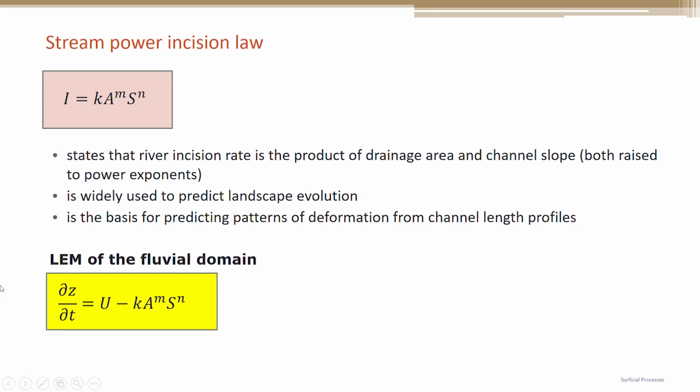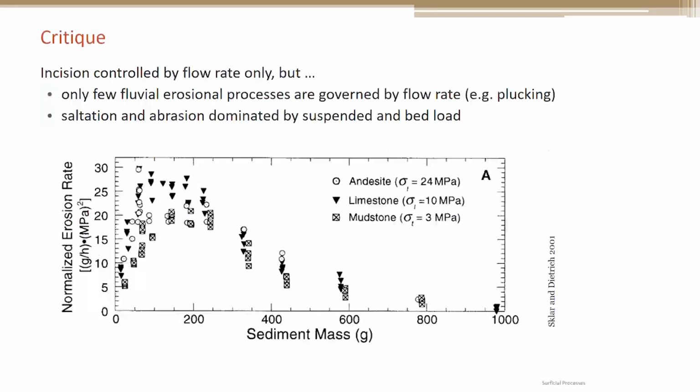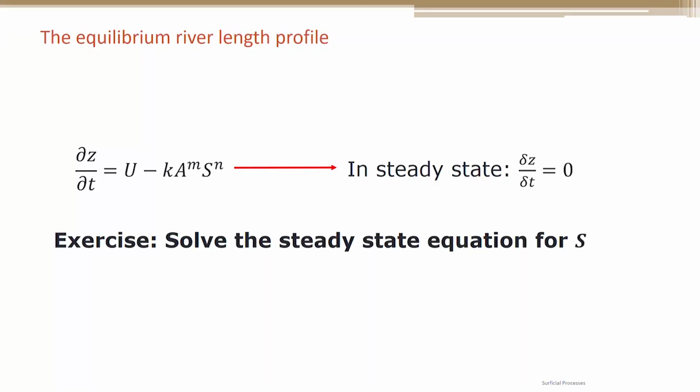But it just states, okay, the incision is a function of upstream area and slope. We can take that and go a step further and say, okay, in a landscape that is in equilibrium with itself, this means that both uplift and incision basically balance themselves out.